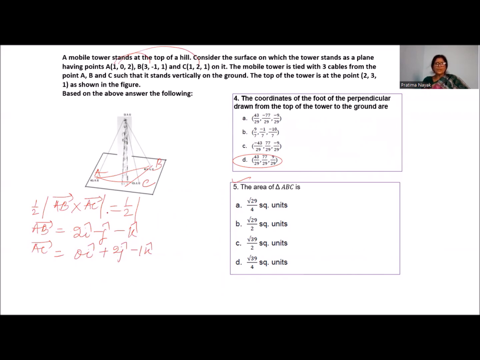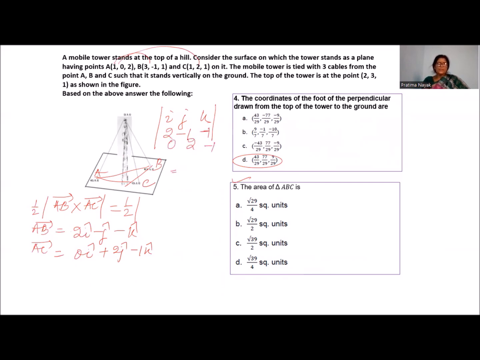Next, I'll go for their vector product. I'm writing here i, j, k, and here I'll get 2, minus 1, 1, then minus 1, 0, 2, minus 1. So you will simplify.